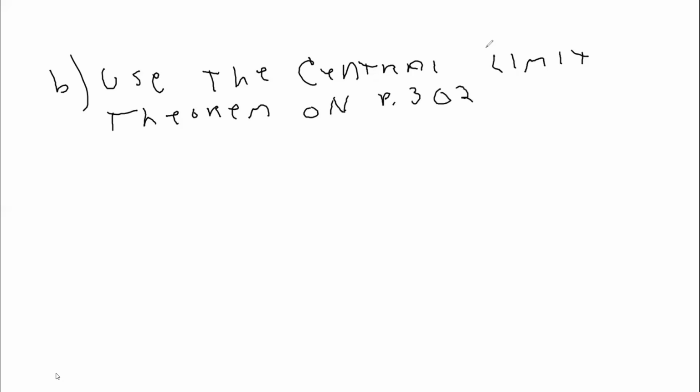The central limit theorem says that any type of data, if you squeeze it enough, will come out normal. The more data you use, and that's on page 302, by the way, because you are using a sampling distribution.